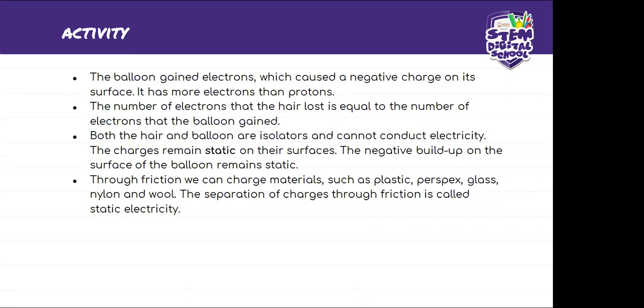They don't move about. So the negative buildup on the surface of the balloon remains static. Through friction, we can charge materials such as plastic, textiles, glass, nylon, and wood. The separation of charges through friction is called static electricity.